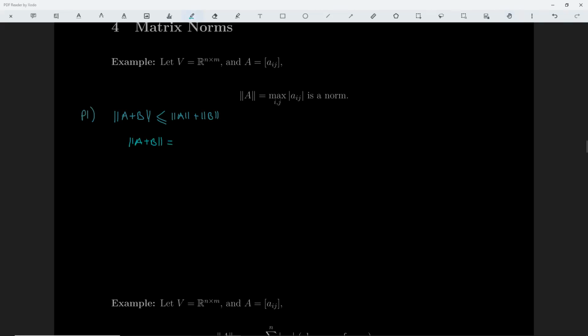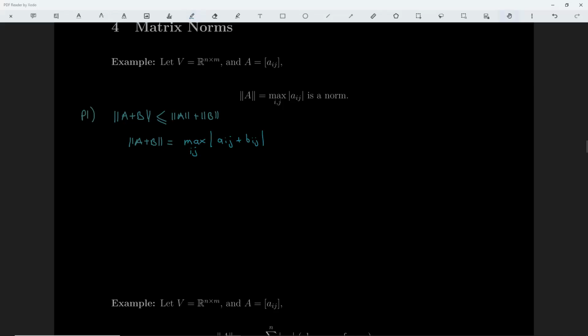That is equal to, so A plus B is going to be another matrix whose entries are going to be Aij plus Bij, and I will get the maximum of that, the absolute value of Aij plus Bij, right?